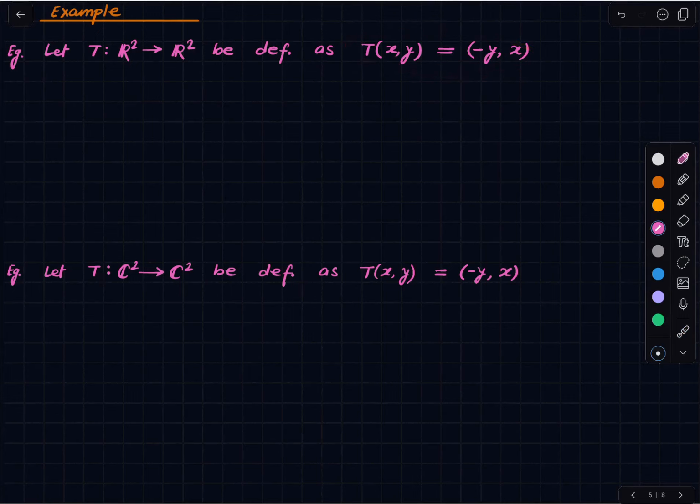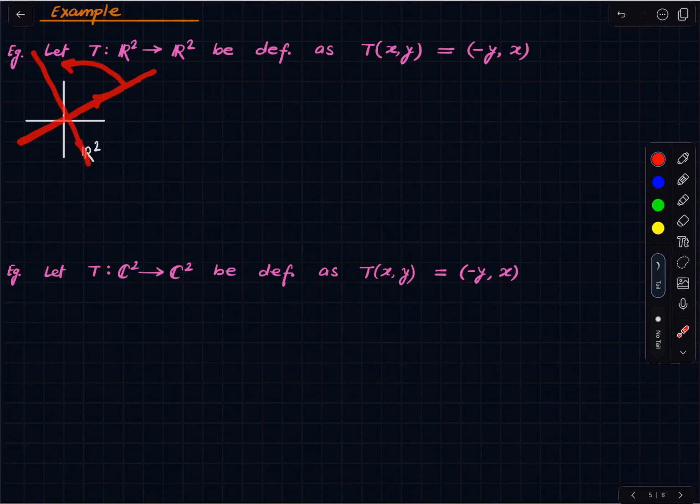So if this is our plane, if this is R2, then the map T rotates the plane anticlockwise by 90 degrees. And therefore it cannot have a non-zero eigenvector, because it is not fixing the line spanned by any vector, because every line is getting rotated by 90 degrees.